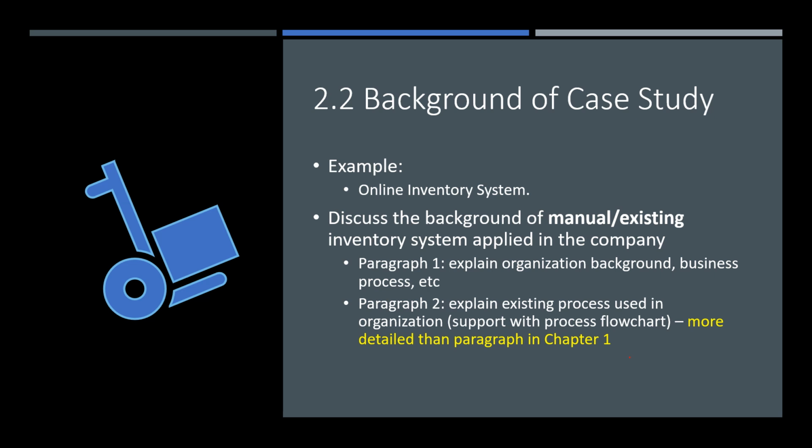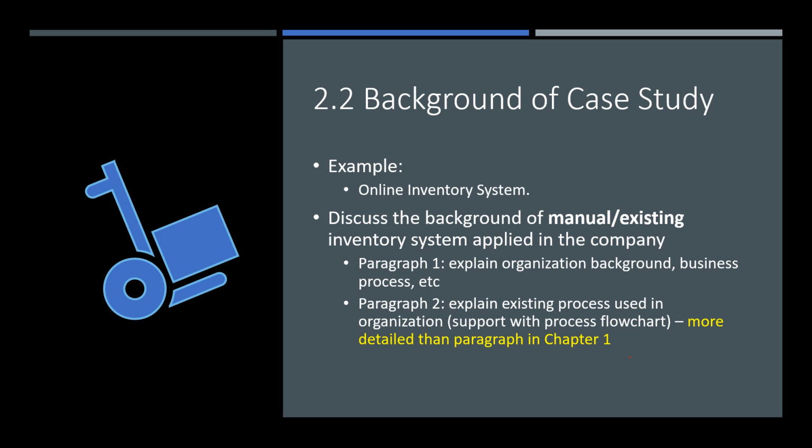Okay, and then in the following paragraph you can explain the existing process used in the organization you observe. So this is more detailed. You already explained this in chapter 1, and here you need to provide more detailed information.